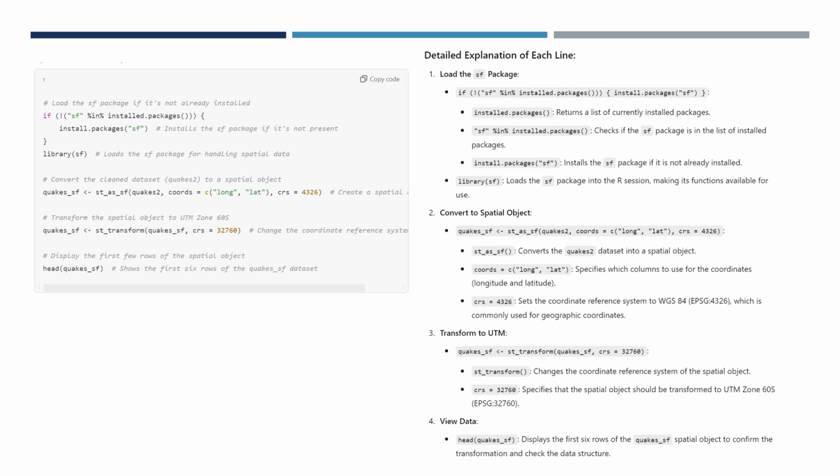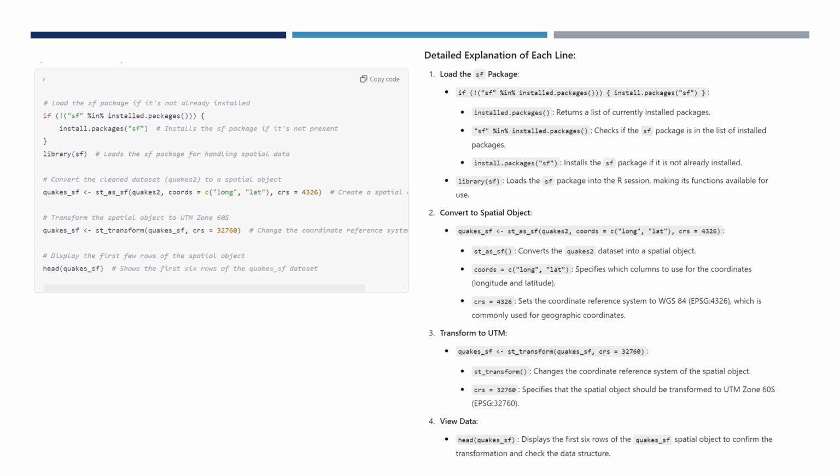So let's go over here and look at the explanations here a little bit. So you've got the whole if line function there, and we start on the inside where we have the installed packages. Installed packages basically returns a list of all the currently installed packages.